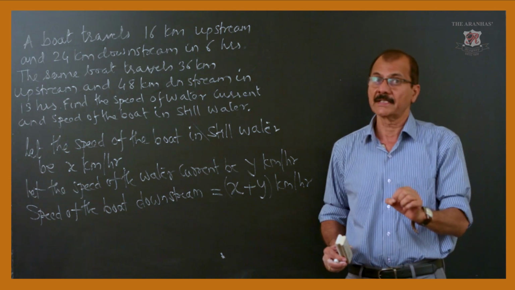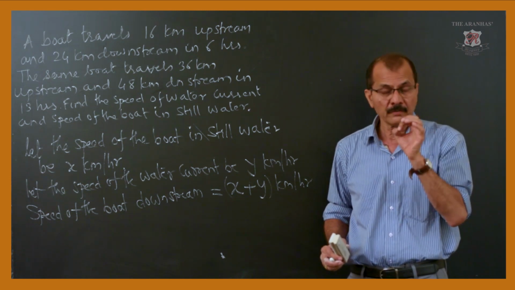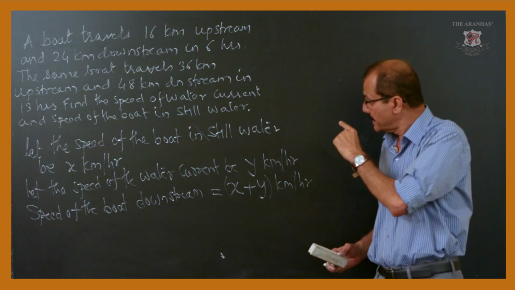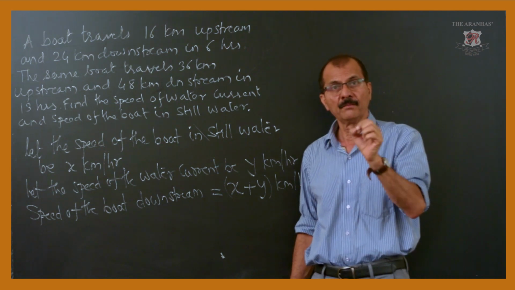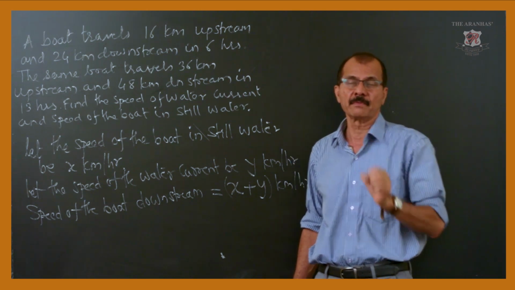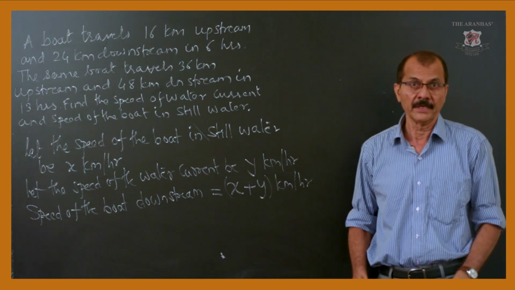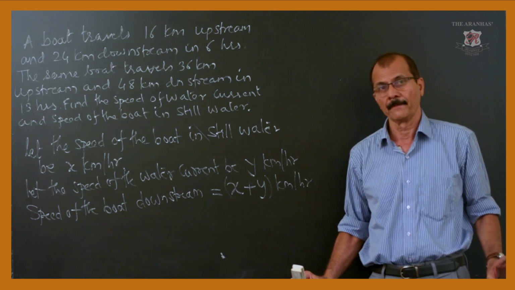So, in this case, we have to be careful and say that the speed of the boat is greater than the speed of the water current. It is understood, obvious it is.